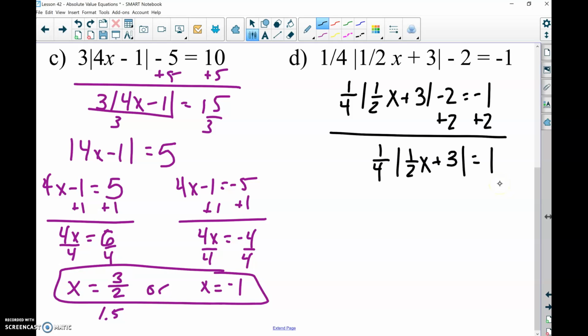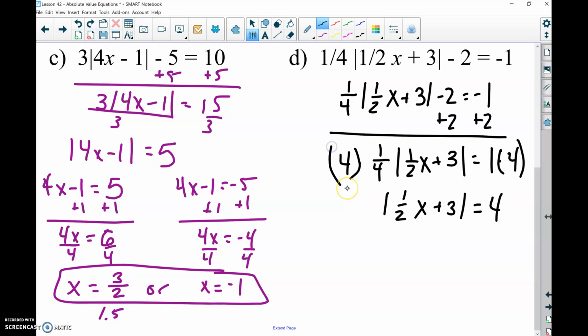We're multiplying by 1/4, so to undo that we could divide by 1/4, but dividing by 1/4 is the same as multiplying by 4. 1/4 times 4 is 1, and now I have my absolute value. I'm actually going to put it in parentheses like that. And now I've got my absolute value isolated.